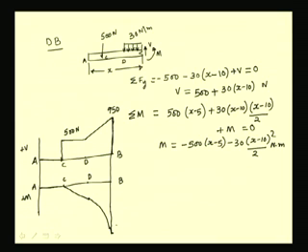We know that this value is 13,375 Newton meter, and same way this will be 1500 Newton meter. So, in this way we can construct the shear force and bending moment diagram for beams with concentrated or distributed loads.